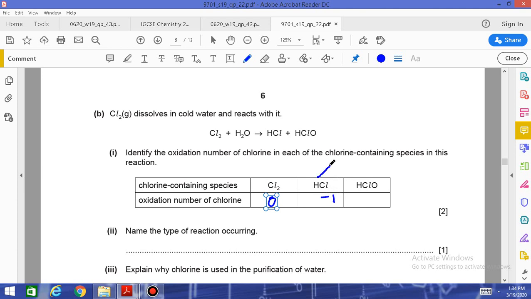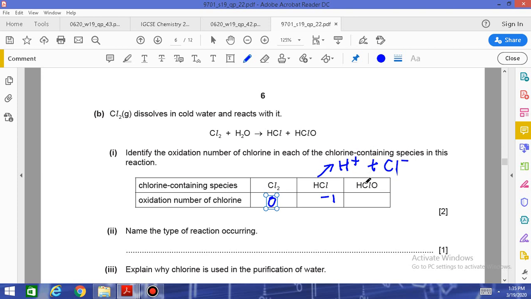If you are confused, just split the ionic compound or the covalent compound into ions, H plus and Cl minus. Actually this is a covalent compound, but when it's added to water, it can produce ions, so you can identify the ions produced, and the oxidation number is the same as the charge in this case.